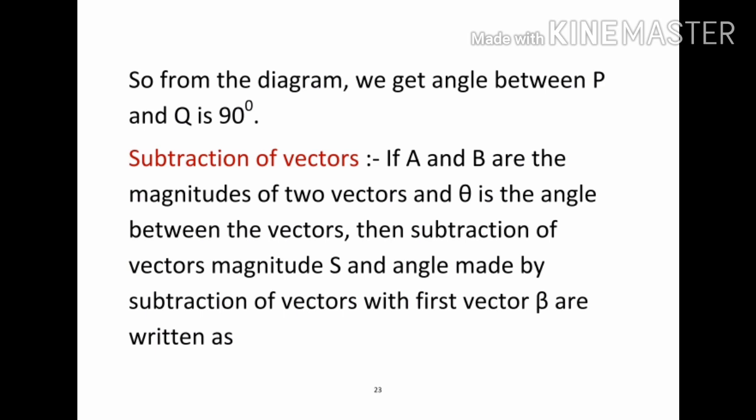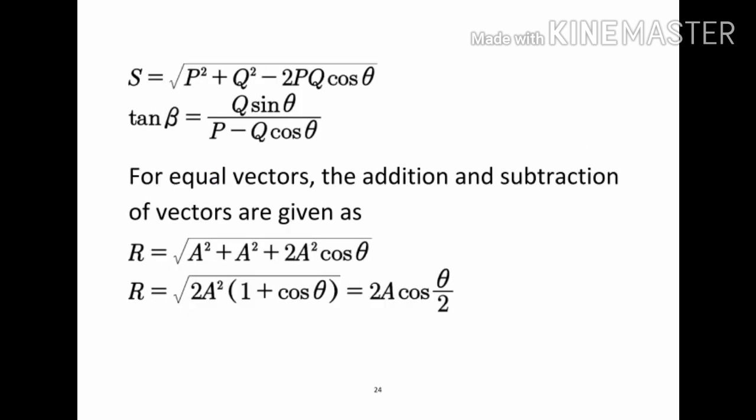Here the general formula for subtraction of two vectors is S bar is equal to A bar minus B bar. That means S bar is equal to A bar plus minus B bar. So that implies in the place of B bar, or in the place of Q bar, we can take a negative vector. Then automatically we can get the subtraction of the vectors.